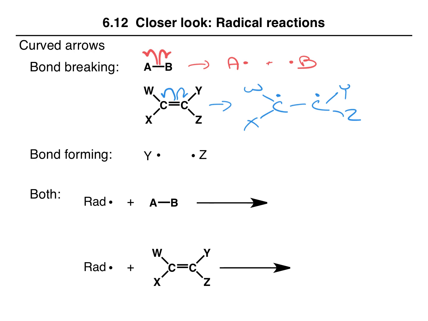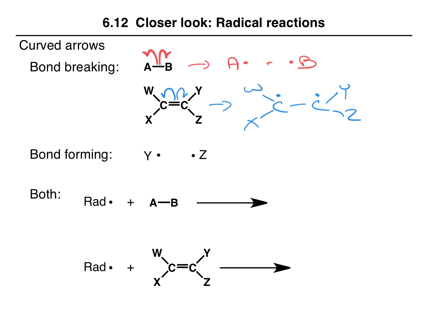So in both these cases, the arrows are moving away from each other. The arrow starts at the bond and points to the atom where it ends up. Starts at the bond, points to the atom where it ends up. Here, the arrow starts at the bond, points to the atom where it ends up, and the same thing over here. The arrows are moving away from each other whenever we have bond breaking in a radical reaction.